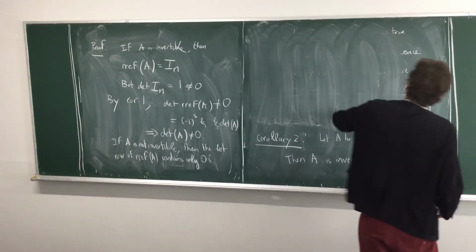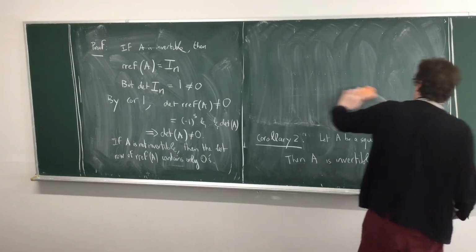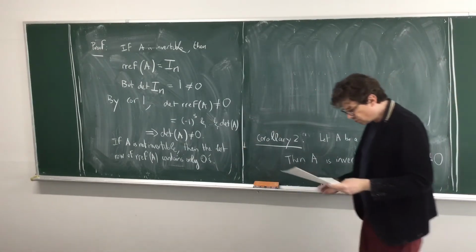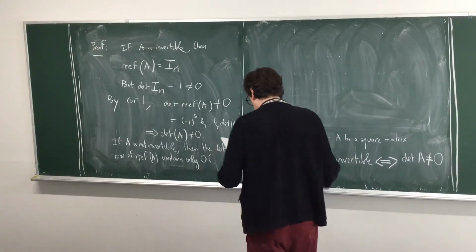So if it is invertible, its RREF is the identity, otherwise it will be a matrix with, as a last row, a row full of zeros.